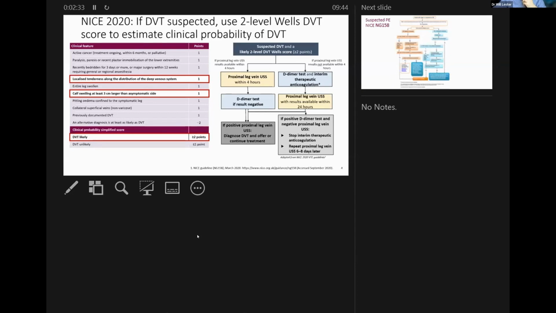We have a clinical risk score, the WELL score. We use a D-dimer. We're told how to utilize imaging. It's all relatively regimented and agreed. And whether your pathway is primary care-based or secondary care-based, it all revolves around clinical risk assessment, laboratory testing with D-dimer, and imaging.